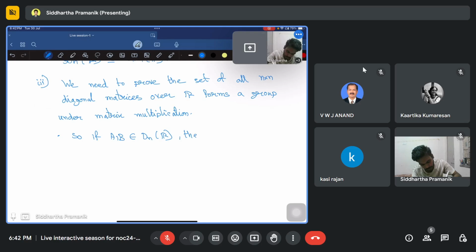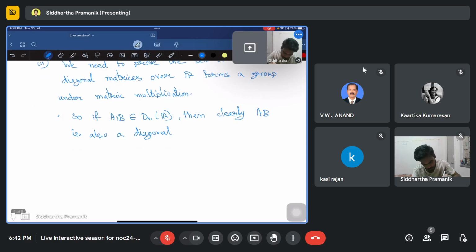Then clearly the product AB is also a diagonal matrix. If you want a proof for this, you can go back to your matrix theory books.